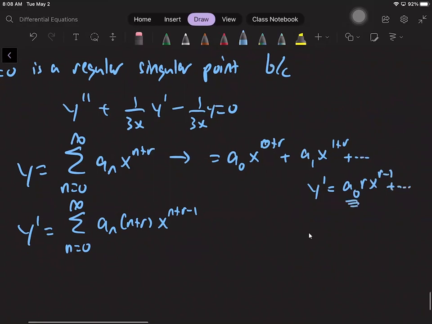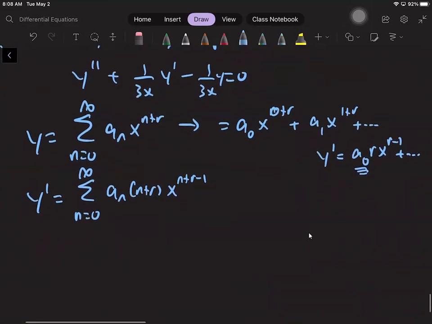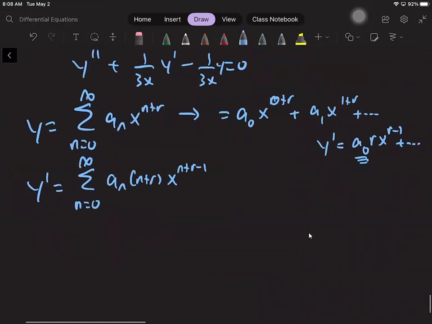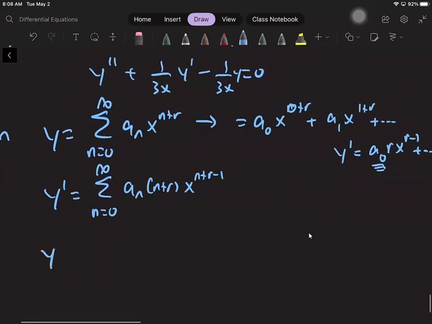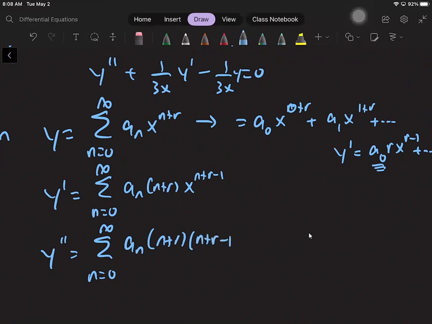So the 0 term is not gone, so we still have to count from 0. That's why we couldn't skip to the n equals 1 term like we did before. Same thing will happen here. We can't skip to the n equals 2 term, but everything else will work the same. Bring down the power and subtract 1 from the power.